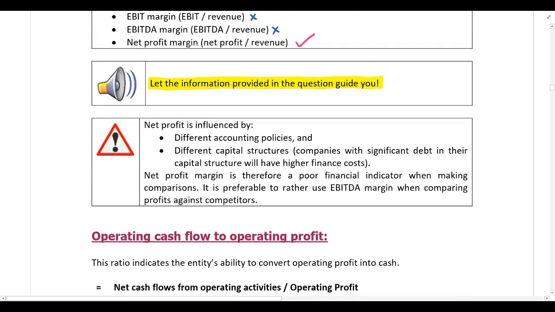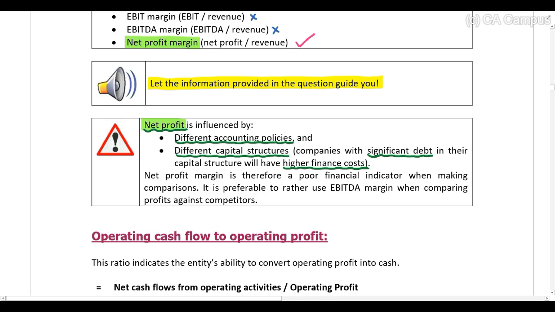Then please note, when calculating the net profit margin, net profit is influenced by various different things. If companies have different accounting policies, that will affect their net profit. And if they have different capital structures, that will also affect their net profit. Because if you have a company that has a lot of debt in their capital structure, they will have higher finance costs, and that will obviously have a negative impact on net profit.